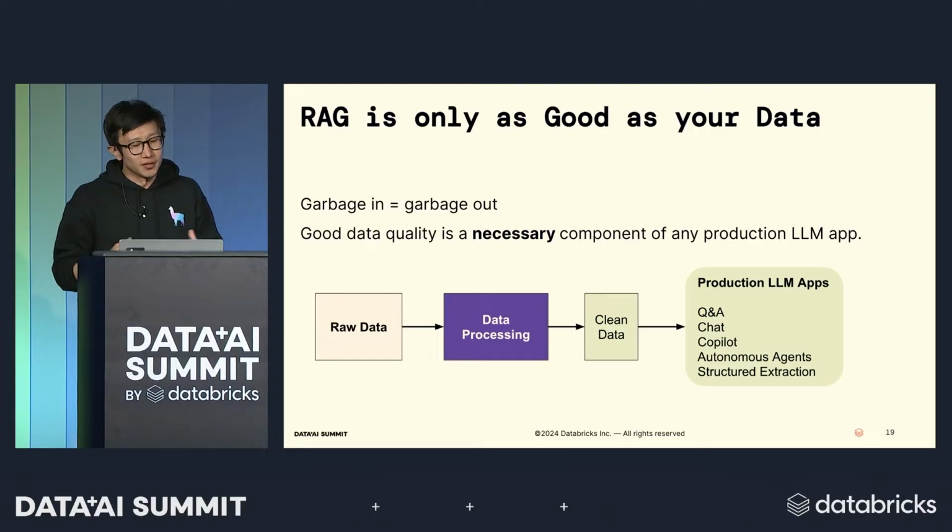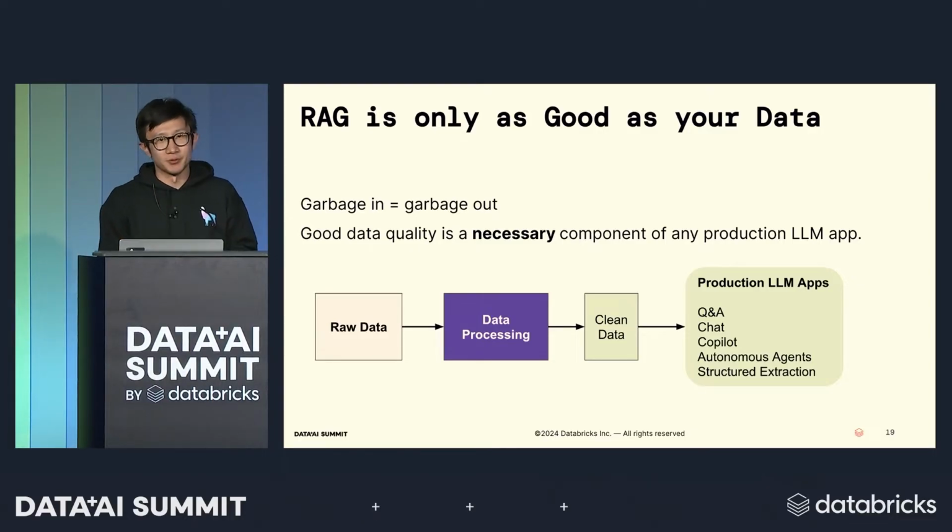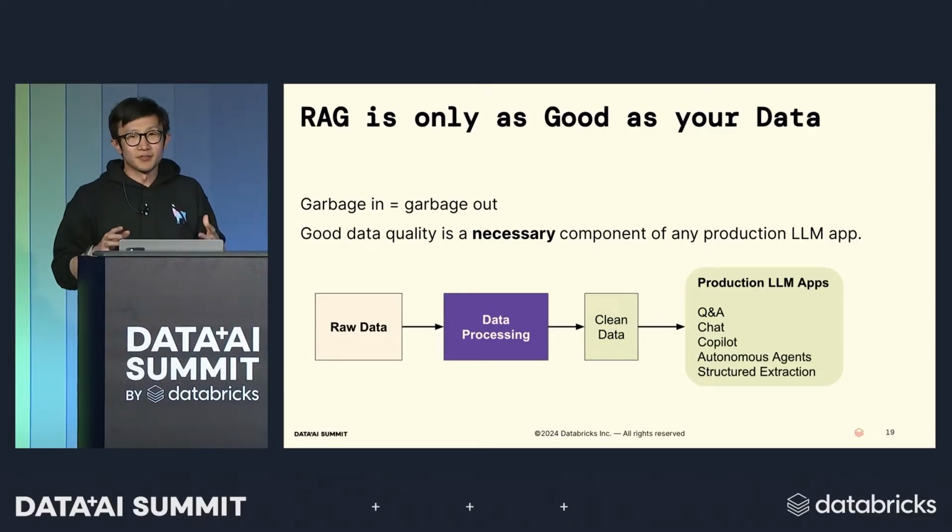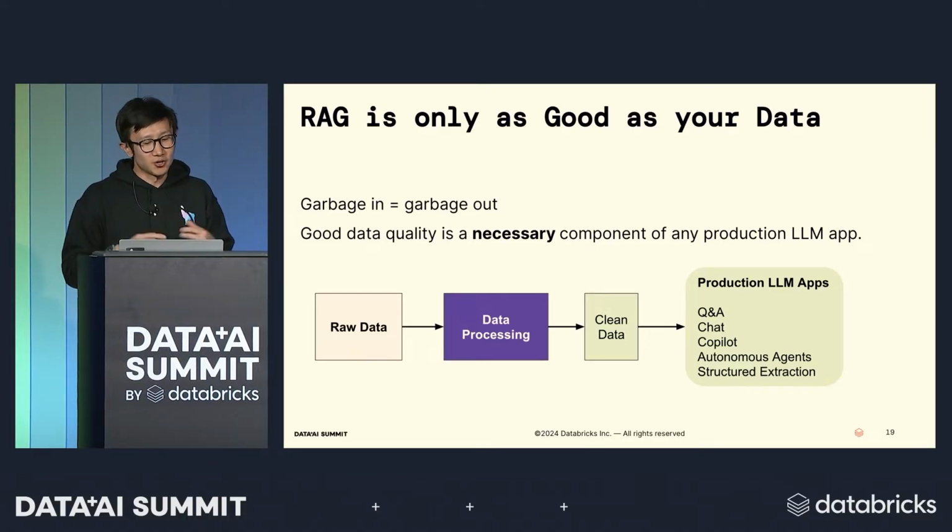But good data quality is a necessary component of any production LLM app. And it's very intuitive. If you have very messy or misformatted context, if your context is just missing, if the ground truth is missing from the prompt you send to the LLM, even if the LLM itself is very good, you're not actually able to get back a proper answer.